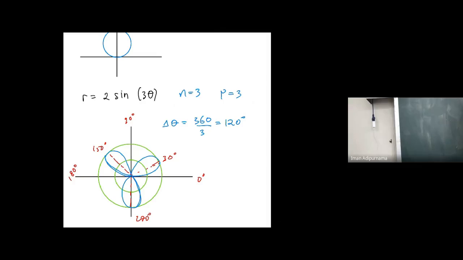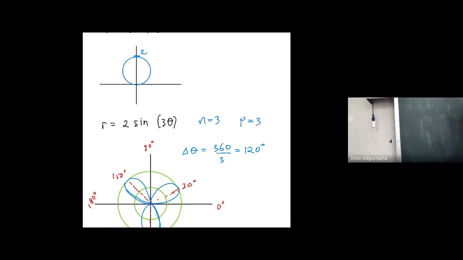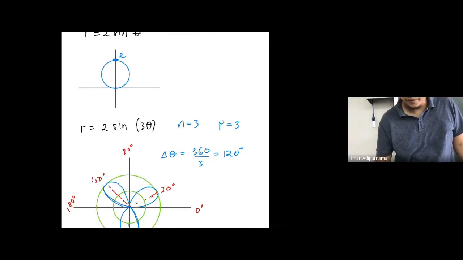There's a pattern. You see the n equal 1 is at the top, right? So let me write it for you. If you have n equal 1, you will have n equal 3, and you can add the 2.